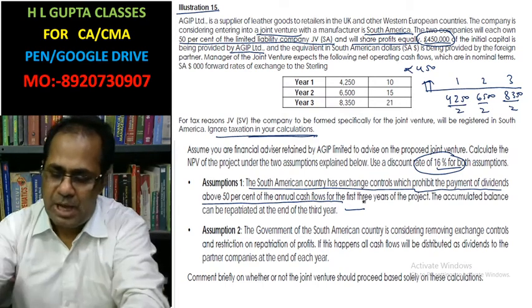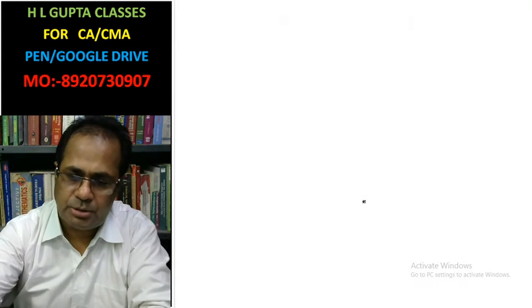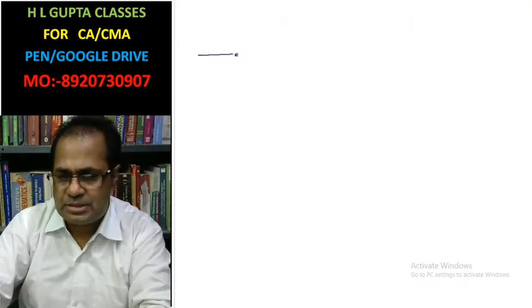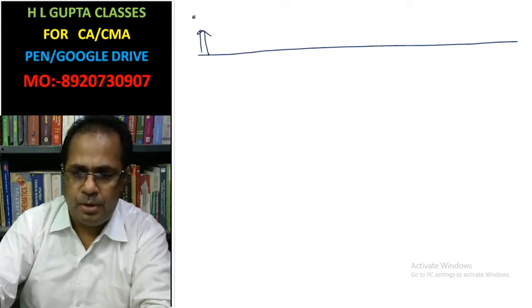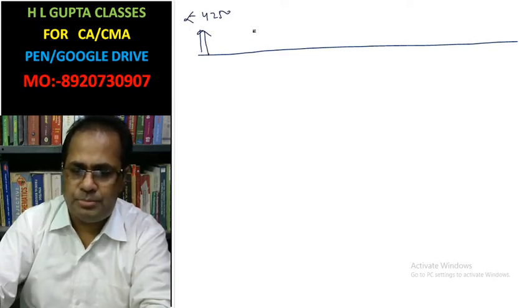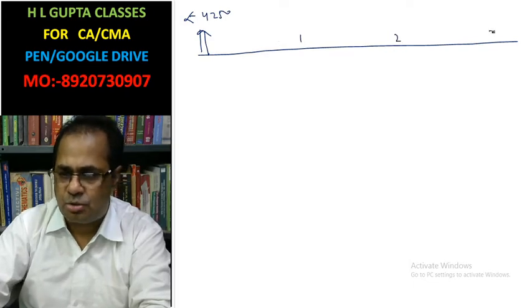In this case, what will happen? Please try to understand here. Your investment is pound 4250 at the start. First year, second year, third year.